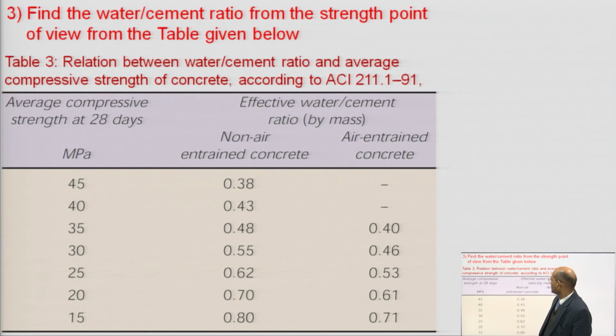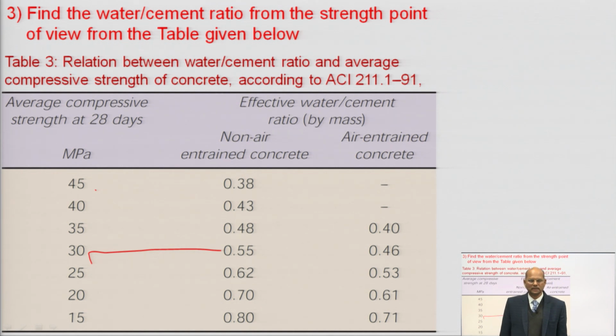As you have determined the water cement ratio, you have to find the water cement ratio from ACI 211.1. It depends on the grade of concrete, like in MPa we have 45, 40, 35, 30, 25. Based on that we have to select. We have two types of concrete, one is air entrained concrete and another is non-air entrained concrete.